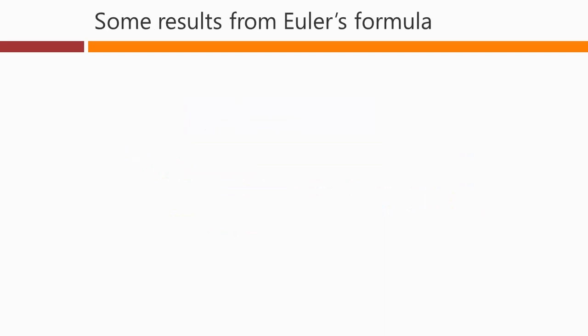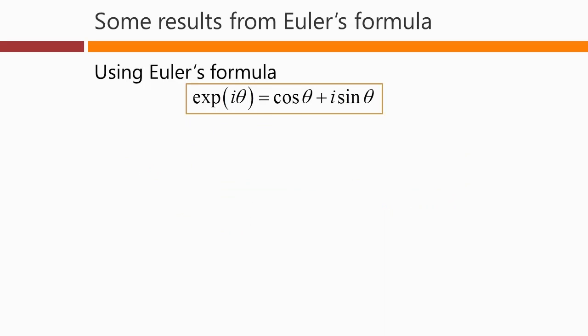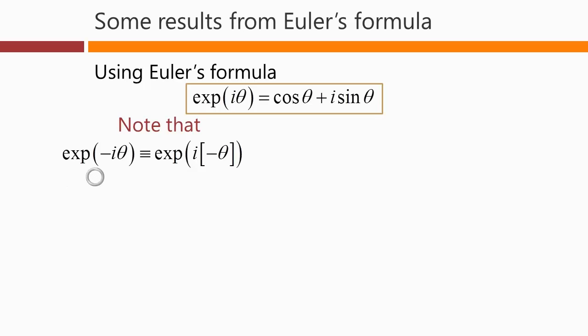So let's just look at a few basic results that follow from Euler's formula. So here's Euler's formula again. Exp i theta, e to the i theta, where theta is some real number, is cos theta plus i sine theta. And note immediately, of course, from our understanding of powers, exp of minus i theta is equivalent to exp of i times minus theta inside the exponent here.